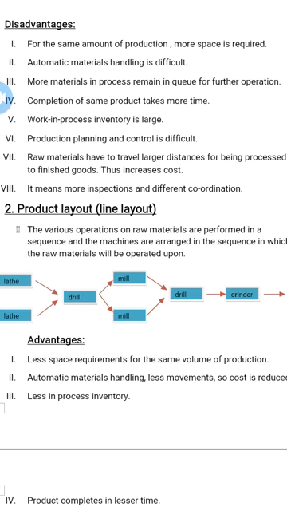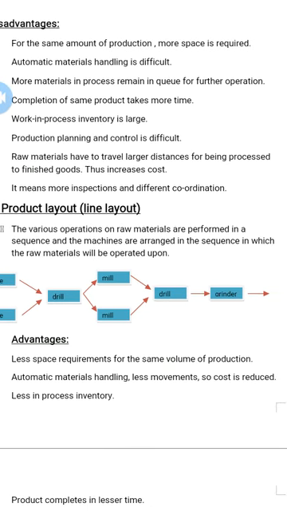Production planning and control is difficult. Raw materials have to travel a larger distance to be processed into finished goods. Thus, material handling cost is more. It means more inspection and different coordination, because in all workplaces, different sections, you have to do inspection, and from each section material will go to the other section and it has to cover more distance.